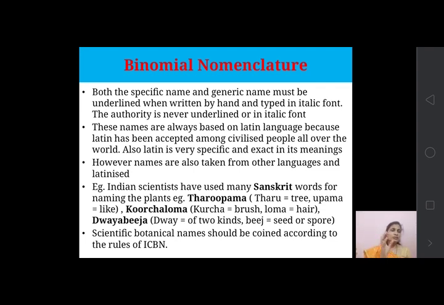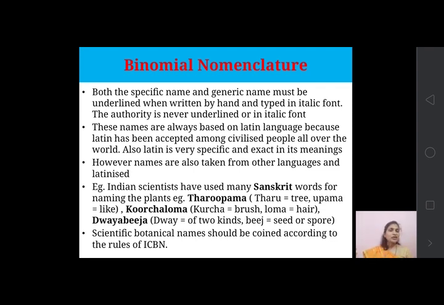So the name is given on the basis of that inflorescence, that it looks like a brush. Then Kurcha Loma, brush hair. Then Dvaya Bija. Dvaya means two kinds, two. Then Bij means seeds. So two kinds of spores are there, microspores and megaspores, that is two types of spores are there, hence the name is given Dvaya Bija.